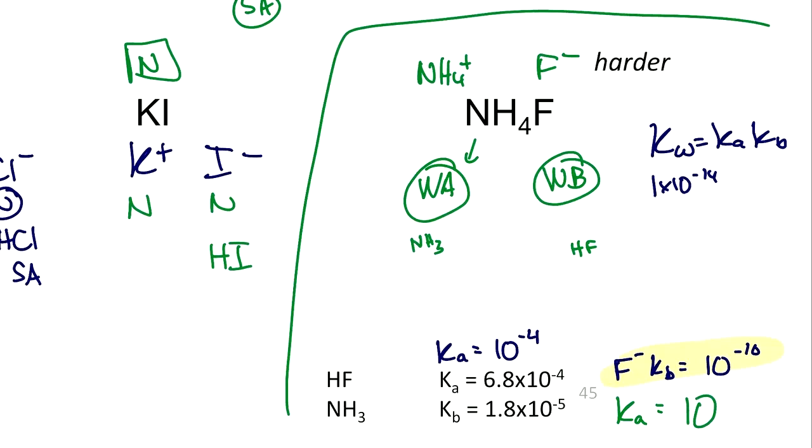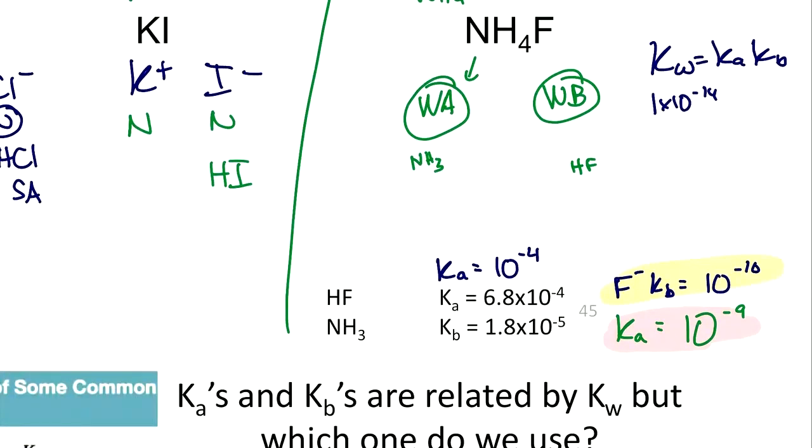It's going to be 10 to the negative what? 10 to the negative 9, because the Kb is 10 to the negative 5. All right, so these are the two values that we need to compare: the Kb of F minus and the Ka of ammonium.